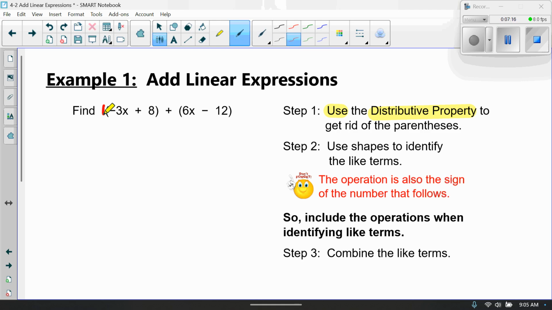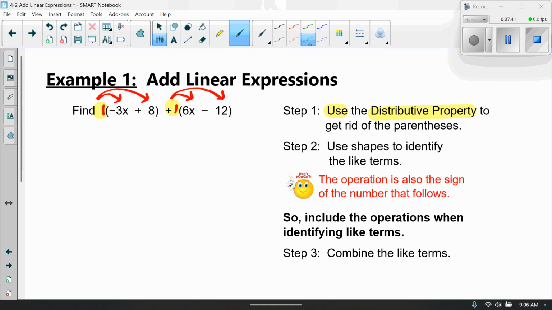It's a 1. Good. So what we're distributing is a positive 1. So this is going to be 1 times everything inside the parentheses there, and 1 times everything inside the parentheses there. It's a positive 1. Okay? So we are multiplying positive 1 times everything inside the parentheses.